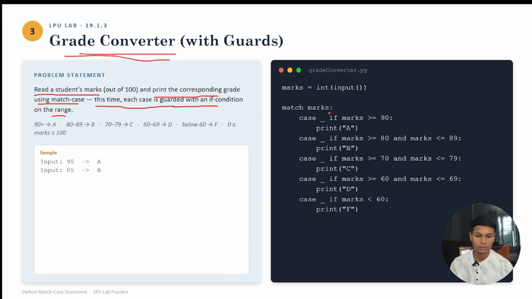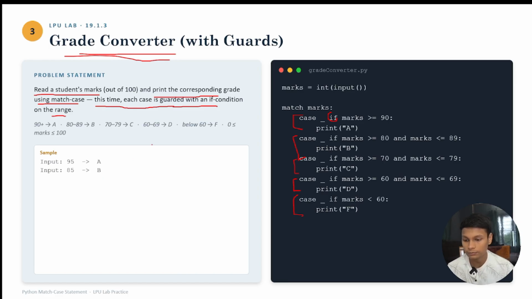Why are we using only if here, not if, else, elif? Because this is match case and each block is different, not the same block continued. That's why we are writing if again and again.